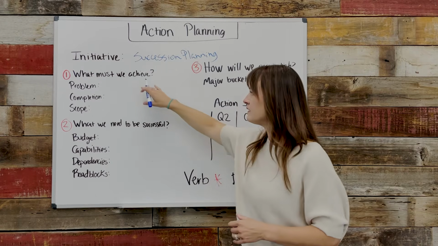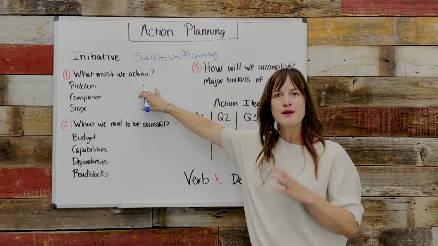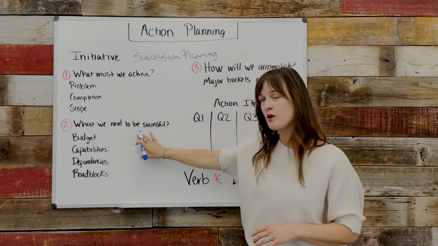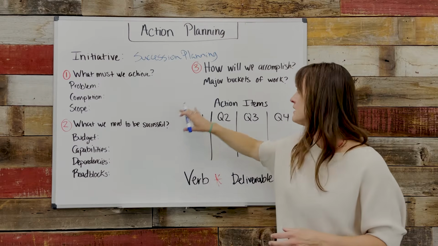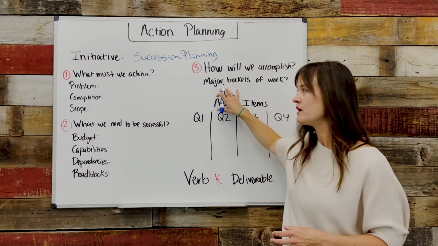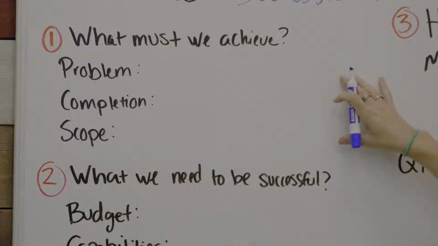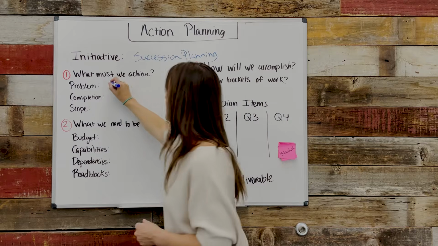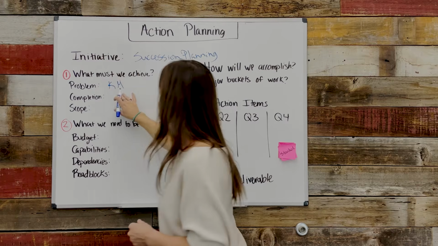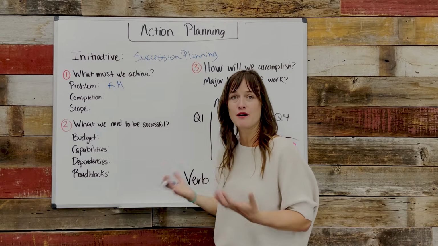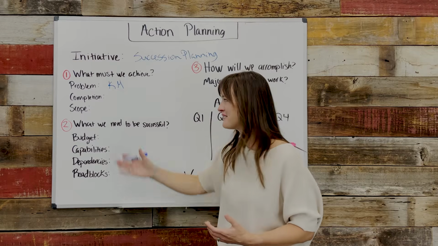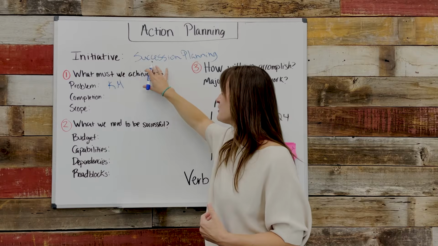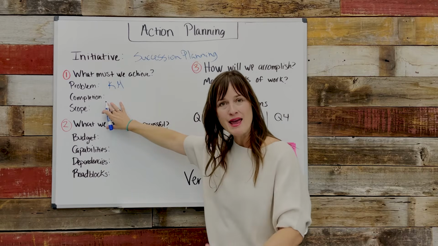Awesome. Let's think about our action plan in three broad buckets. Bucket one is what must we achieve? Bucket two is what do we need to be successful in implementing? And bucket three is how will we accomplish our initiative? First things first, what problem are we solving? In this case, we're solving a knowledge management or a knowledge transfer problem. We don't want our good knowledge walking out the door when everybody retires. I love this question. We know this initiative will be completed when?